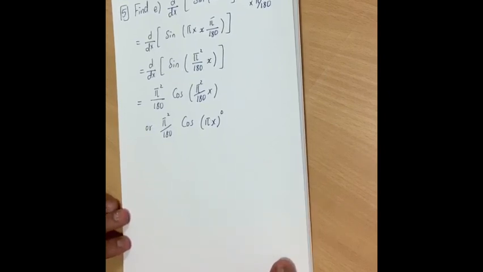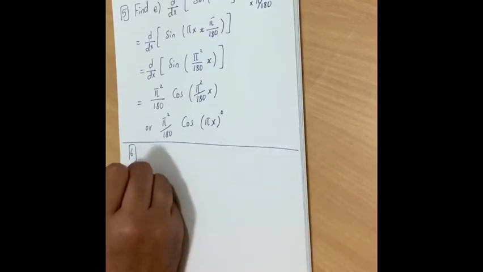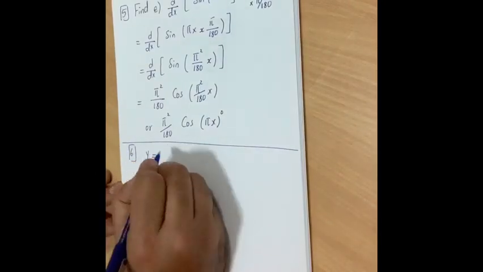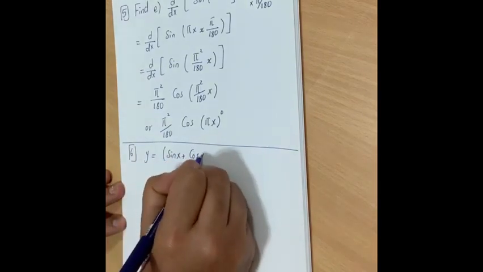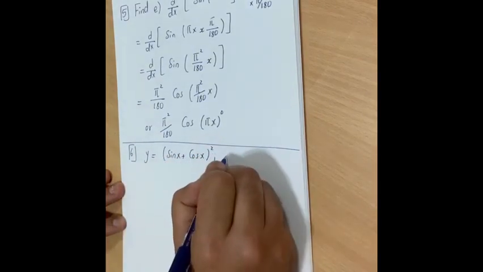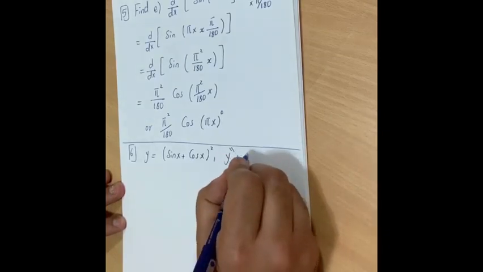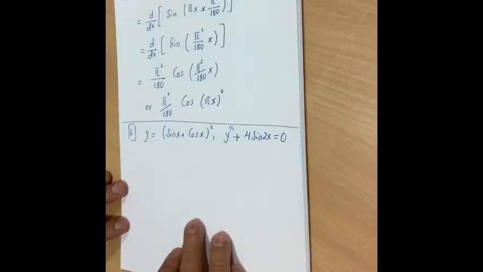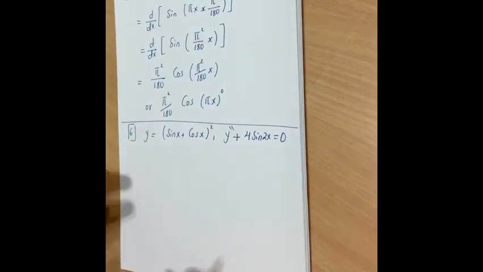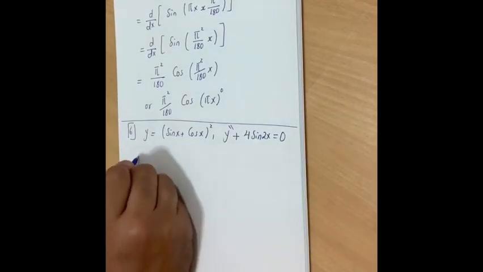Then question number 6. It's required to show that y equals sine x plus cosine x all squared, show that the second derivative d2y plus 4 sine 2x equals 0. First of all, before you start proving the identity, we have to simplify the given function.